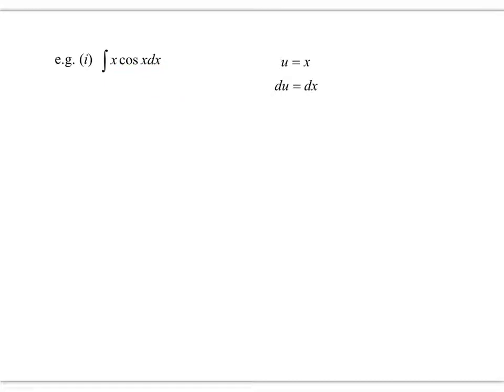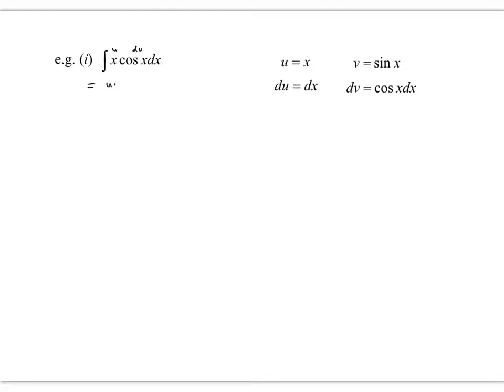So when you choose u as x, du/dx is going to be equal to 1. Cross multiply, you get du is equal to dx. And choosing dv to be cos x dx, integrating cos x with respect to x, and we get positive sine. So this is u, this is dv.